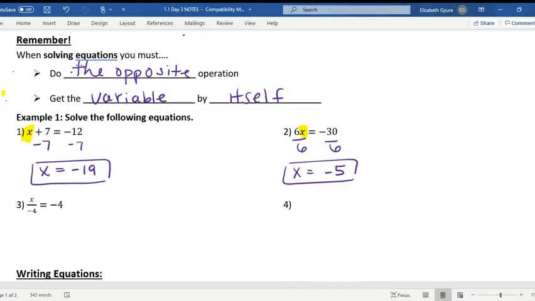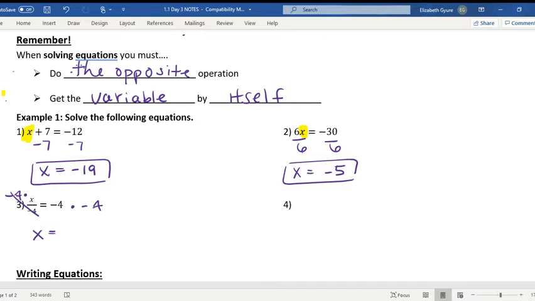So number 3, we got x over -4 equals -4. What's this little fraction bar mean? It means divide, and what's the opposite of dividing? Multiplication. So we are going to multiply both sides by -4. Right, our -4 on the left will cancel, and x equals, what's a negative times a negative?